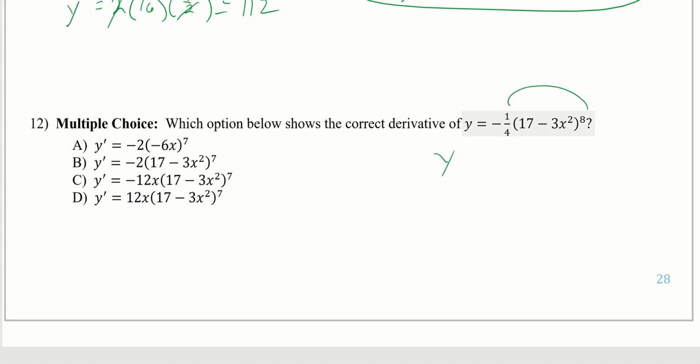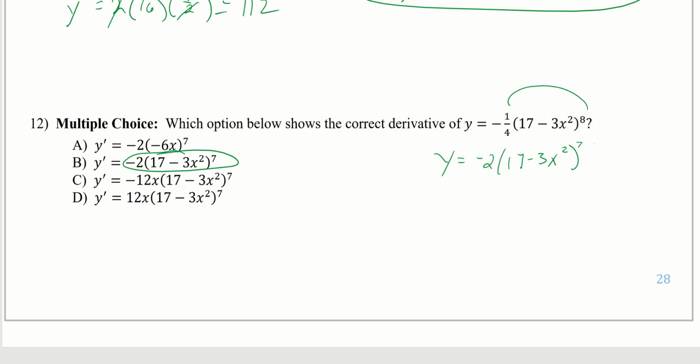We're hoping y prime is equal to 8 times negative 1/4, which would be negative 2. If you notice, that option is here. Ta-da! Yay! But unfortunately, we have to remember to take the second part of the chain rule.